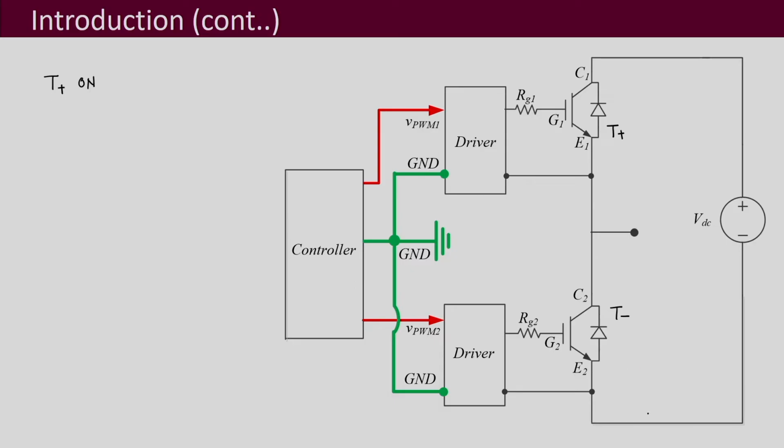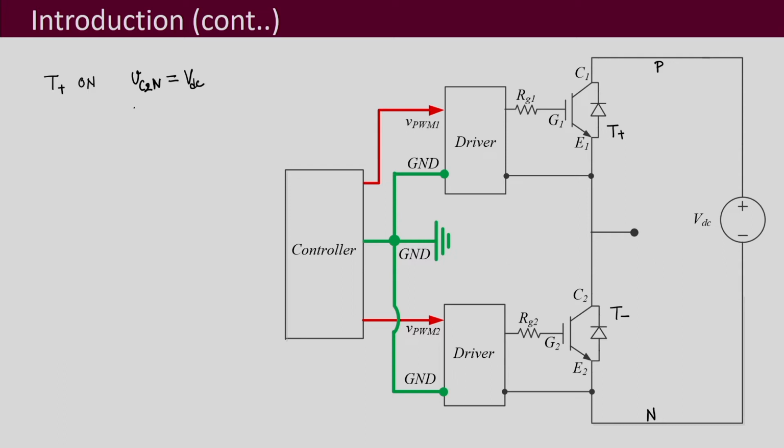Let us call this terminal N and this bus P. So, we will have VC2N equal to VDC.